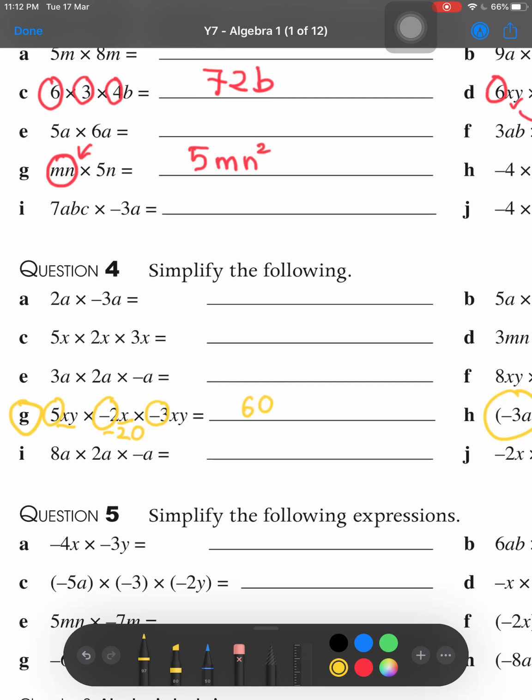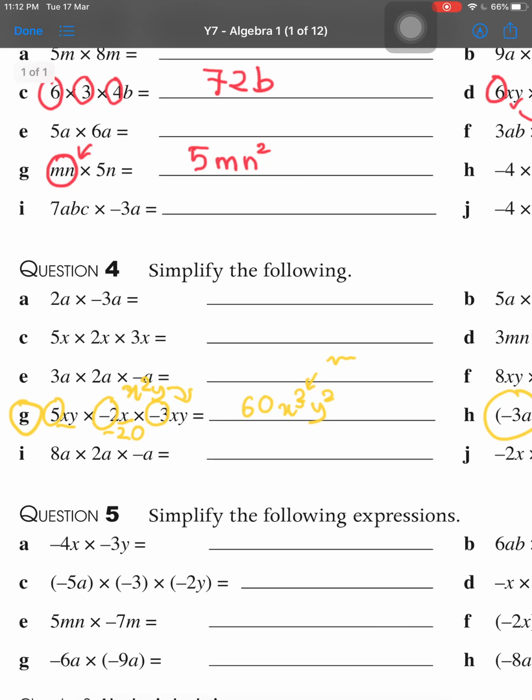XY times X. Until here, you'll get X squared Y. And then you further multiply it with XY. So your final answer is X squared, no, X cube, and then Y squared. Look at my beautiful cube sign. Oh my God. Okay, now that's done.